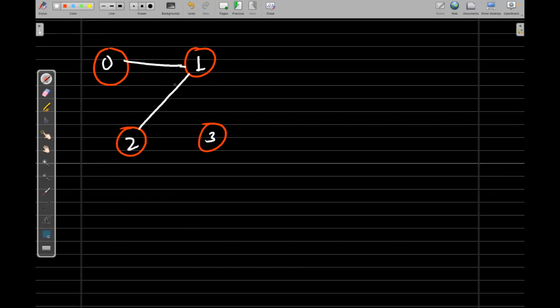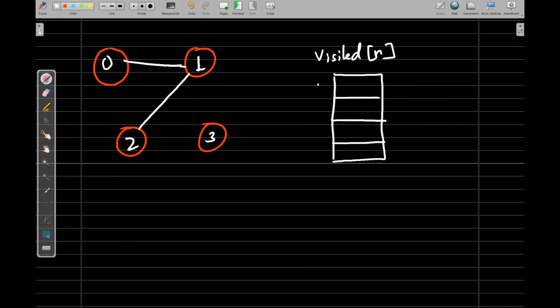That's what was given in the question. So now let's say I have a visited array which is of size n. What is n here? 4. 1, 2, 3, 4, and the indexes are 0, 1, 2, 3.